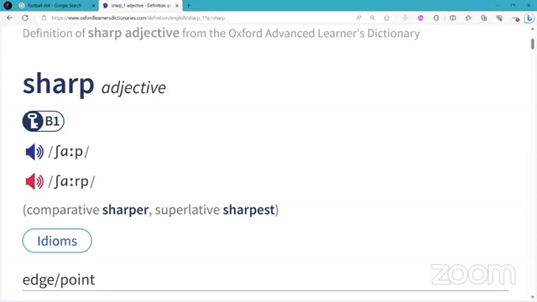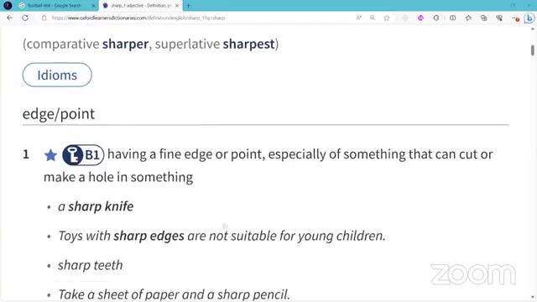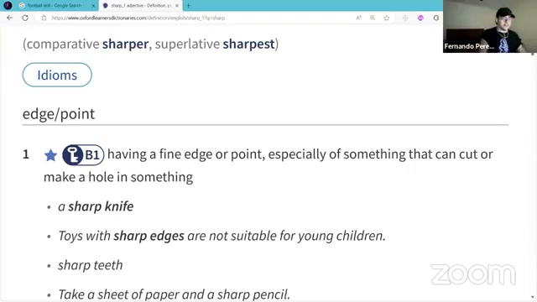Tell me, what is sharp? Adjective. Comparative, sharper, superlative, sharpest. Having a fine edge or point, especially of something that can cut or make a hole in something. What do you understand?